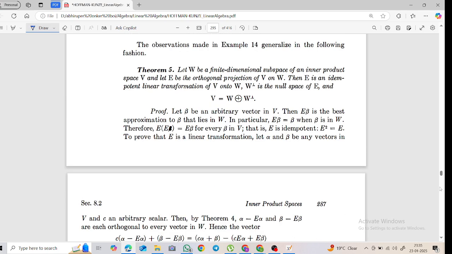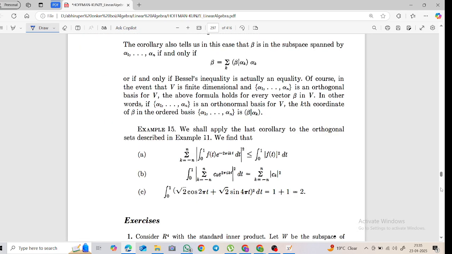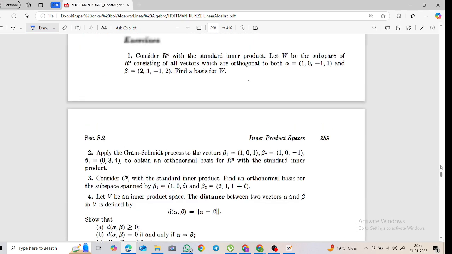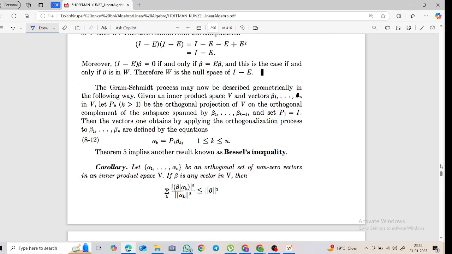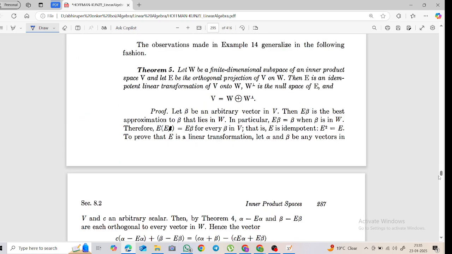So we move on to theorem 5. Let's see, the Cauchy-Schwarz inequality and all that. Theorem 5 is about V being the direct sum of W and W perp. See, we have already seen that, right? Because you are writing beta as E beta plus beta minus E beta, right? This thing is in W and this thing is in W perp.